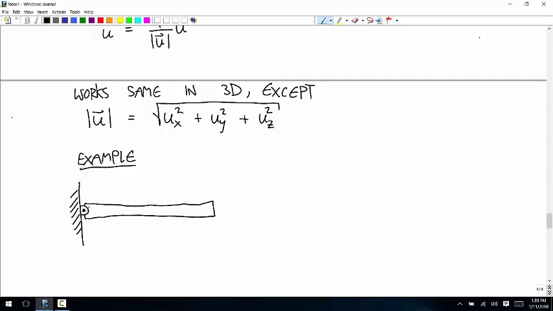So let's say that it's supported by a cable like this. And we don't know what the angle of that cable is, but we do know that the endpoint here is at coordinates 4.5, 2, and the endpoint here is at coordinates 2.5, 1.